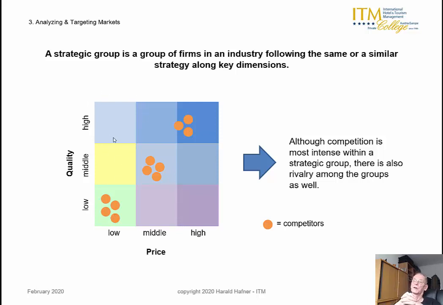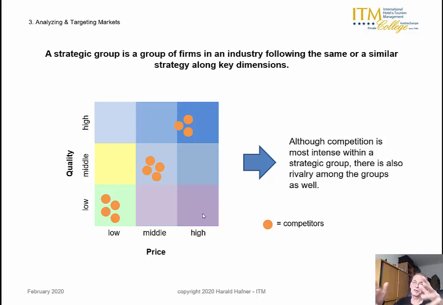That can happen for a short period of time when there's low season and you need business or your hotel has just opened up. But in the long run, you need to move with high quality to a high price, right? The same holds true for the budget hotels. Budget hotels also provide low quality and sometimes a very high price.